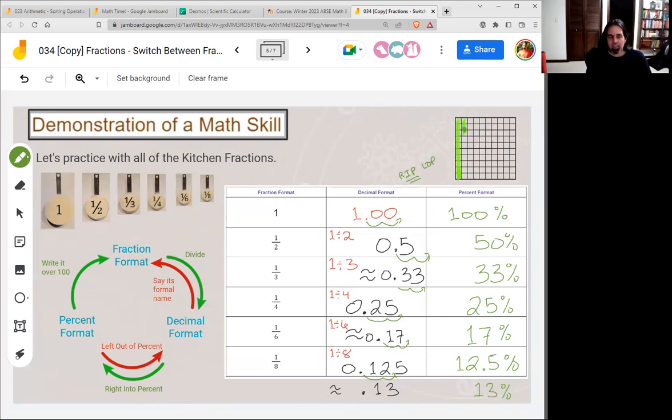So I can't shade that in very well. My artwork is limited. But imagine I've shaded in all 12 of these boxes, and then I shade in just half of the 13th box. And there's nothing wrong with having a number that is a decimal inside of percent format. That just means how many out of 100 are there? 12 and a half out of 100.